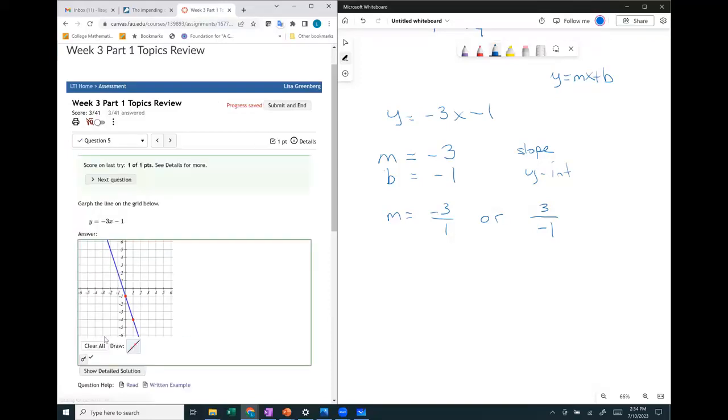So we start from the 0 point on the line, or we can't start from the 0 point because the y-intercept is -1. Okay, so we start from -1. Then you have this point, x equals 0, y equals -1. That's the y-intercept. Okay, so that's a good starting place.